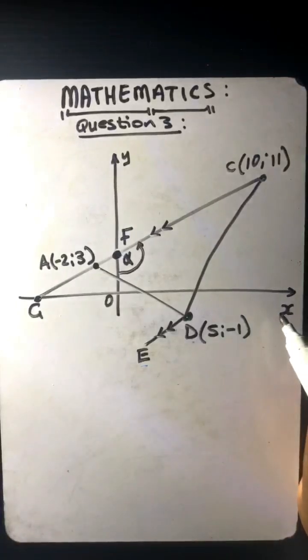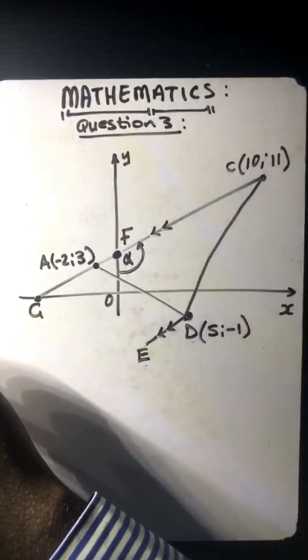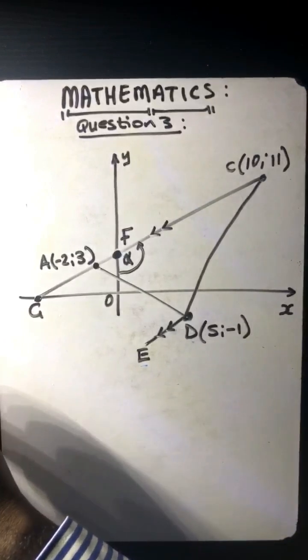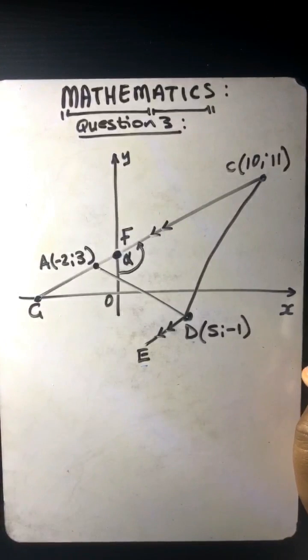Perpendicular lines, I'm pretty sure that you remember our lesson where we did an introduction to analytical geometry. That's where we discussed everything you need to be aware of regarding analytical geometry.